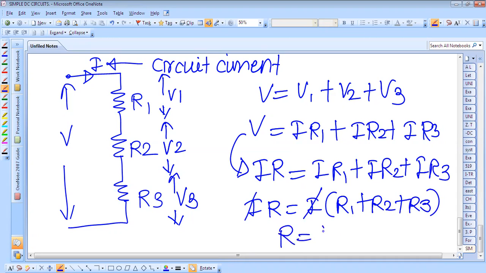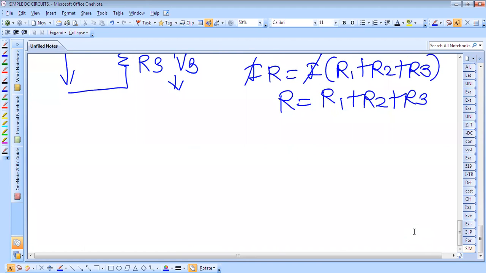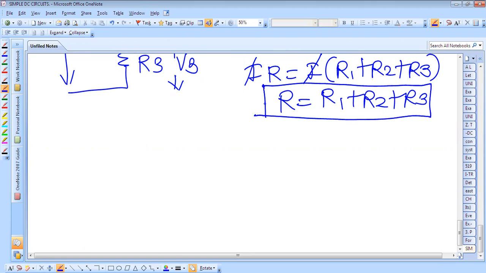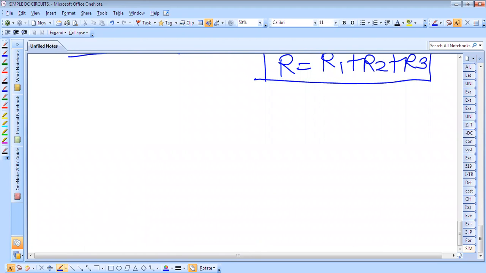So R is equal to R1 plus R2 plus R3. This is the total resistance of the circuit. When two or three resistors are connected in series, the total resistance can be found just by adding their individual resistances.